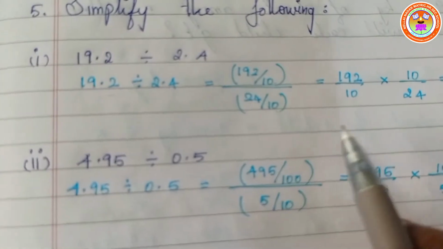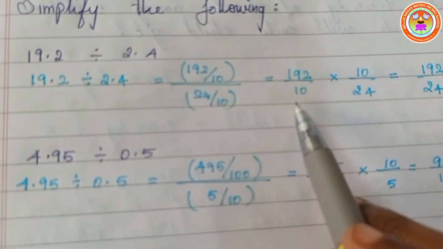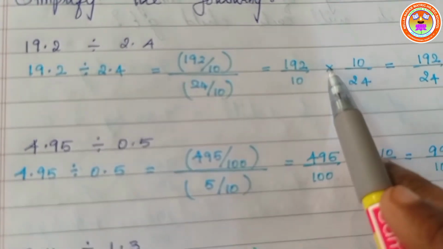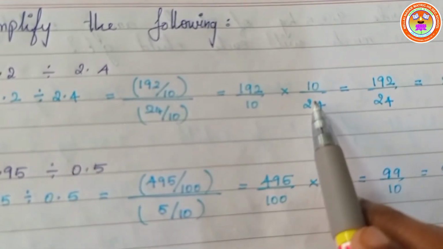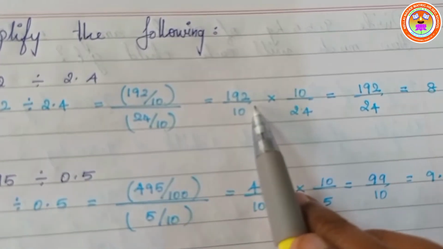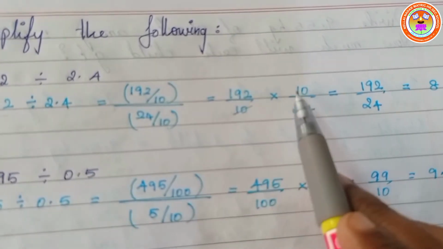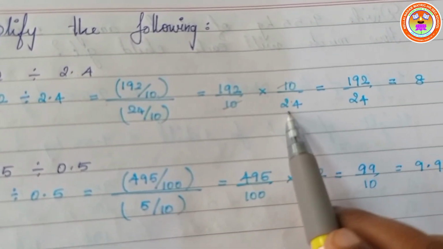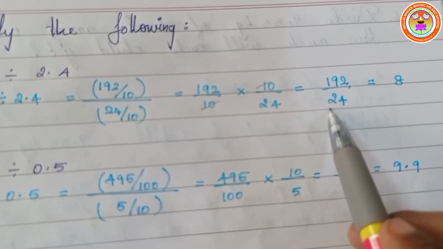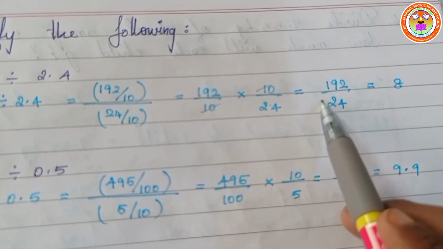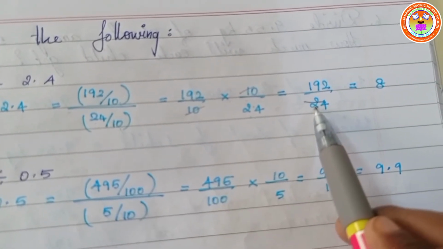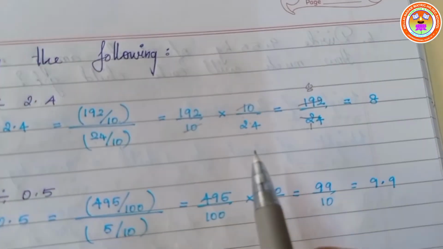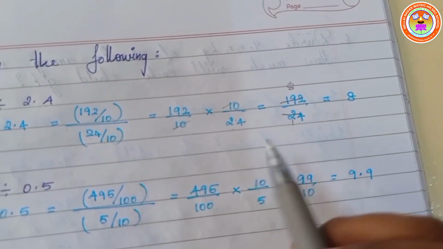So after removing the decimal point, we have 192 by 10 into, when you take this side, it will take the reciprocal, yes, into 10 by 24. Now what I am going to do here, these two gets cancelled. So what is remaining? 192 by 24. Yes, so both 192 and 24. 192 is cancelling 8 times in 24 tables. Okay, understood children?